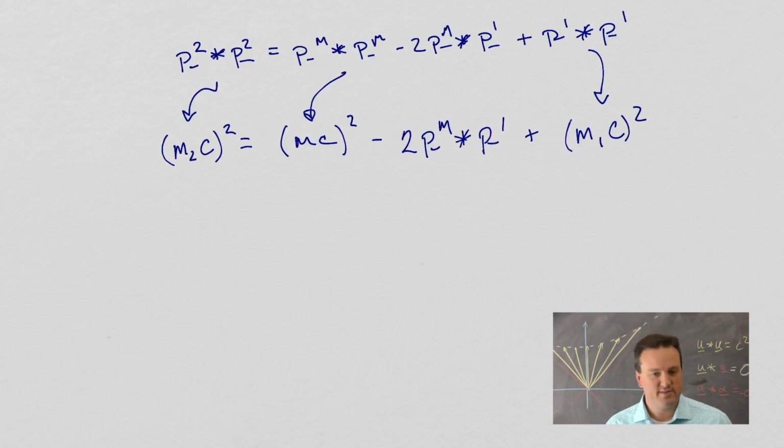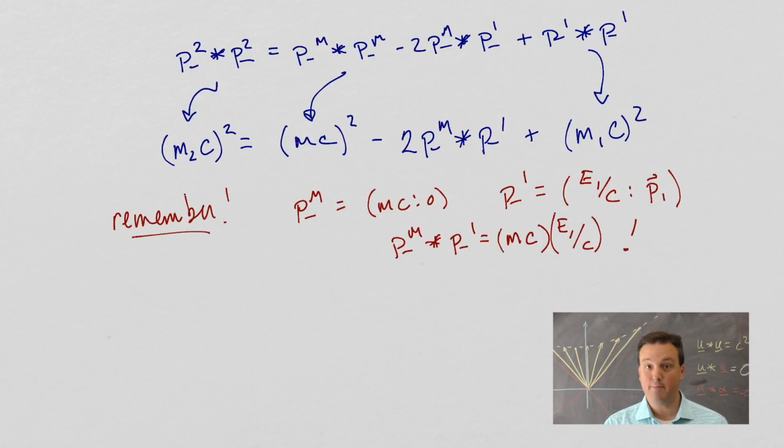The term that's left looks hard, but again, I can evaluate that in any reference frame I want, so why don't I evaluate it in the lab reference frame, where of course m is at rest and so only has a time component, and therefore the 4 dot product of Pm and P1 is just one number, right? It's mc times E1 over c, which is just m times E1. And now you can see why I solved for something that I didn't want.